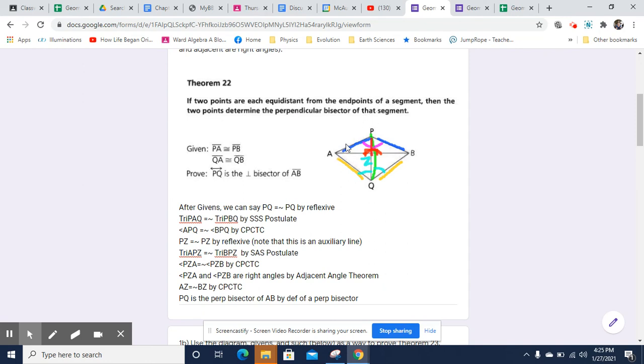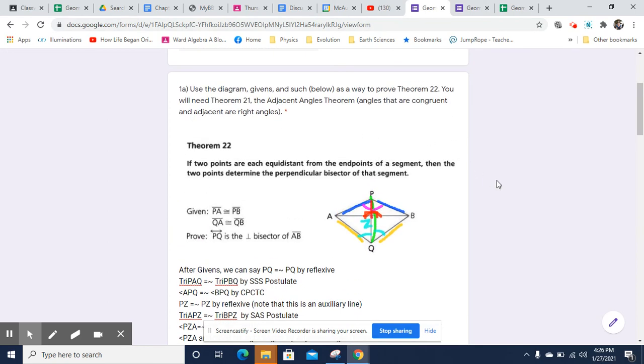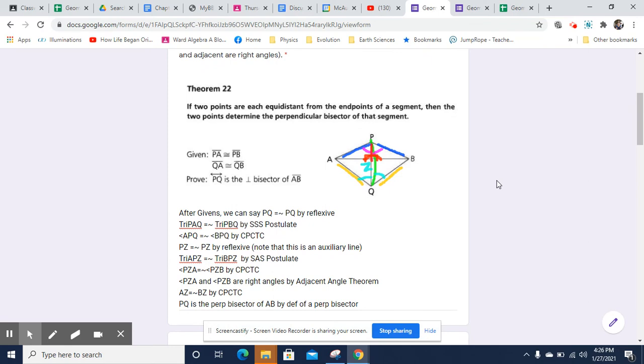So P is equidistant to A and B, and Q is equidistant to B and A. And because of that, PQ determines the perpendicular bisector of that segment. PQ actually determines a line or a ray or a segment. It doesn't matter which of those you choose, but it determines the thing that will perpendicularly bisect it.